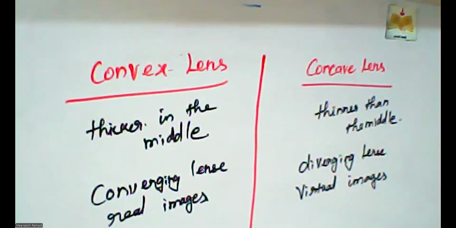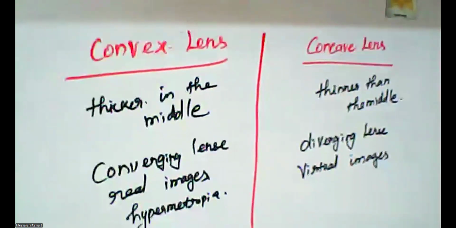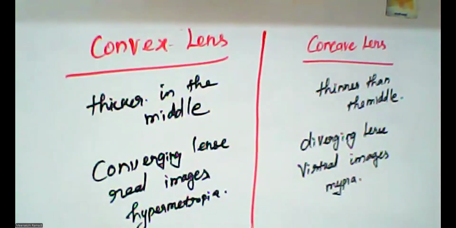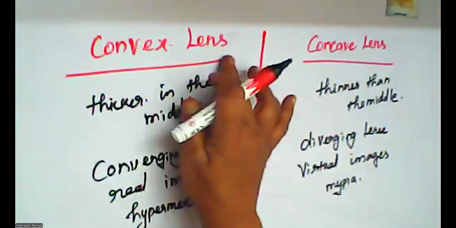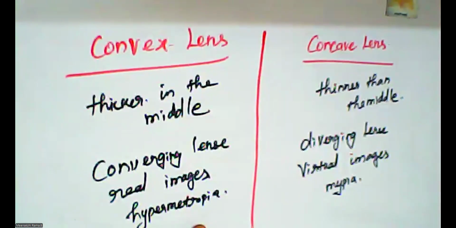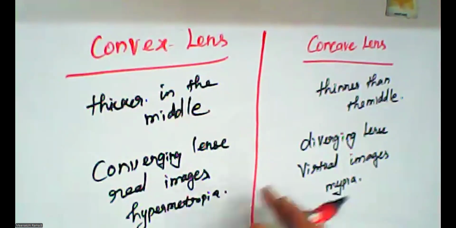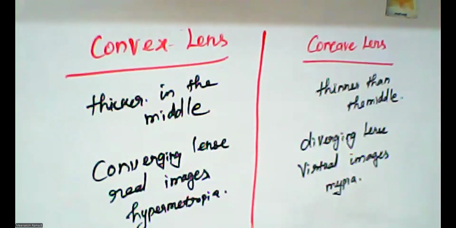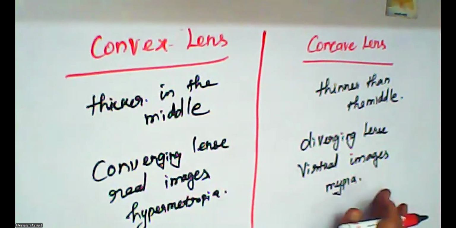And then the next one is the treatment of hypermetropia and myopia defects. A convex lens is used for the treatment of the hypermetropia defect. A concave lens is used for the treatment of the myopia defect. These are all the differences.